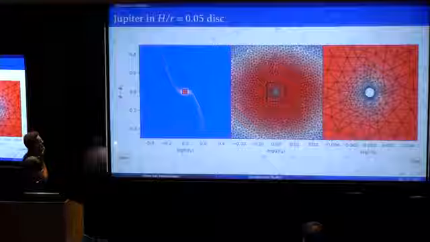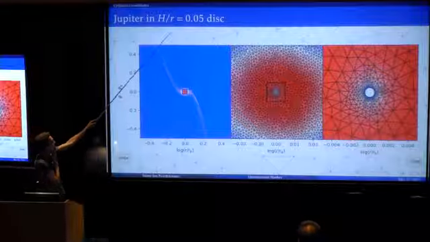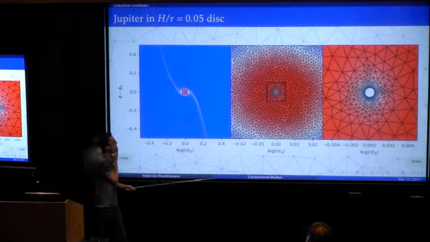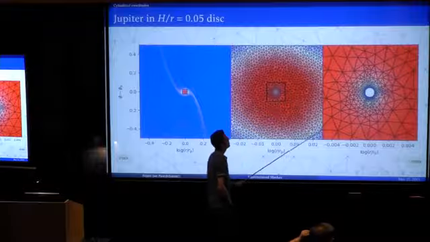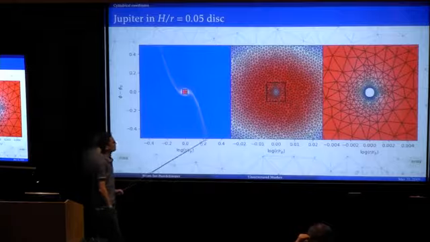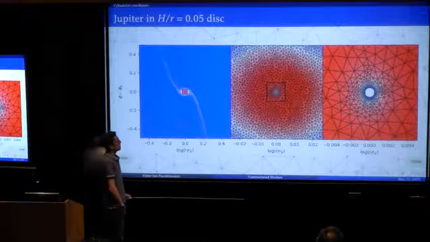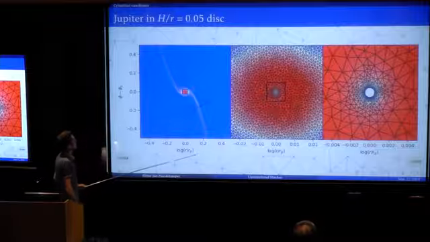You can do more interesting things and say, well, now reducing h over r to the more standard 0.05, but now I've put in a real planet. I've put in a hole in the center, which is actually, in this case, the physical size of Jupiter, and just let the mesh sort itself out for that.